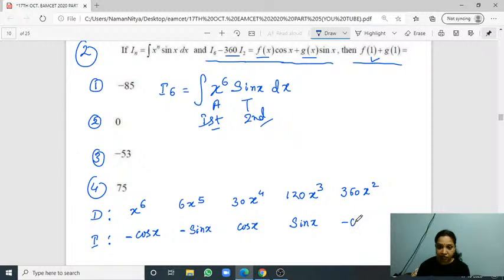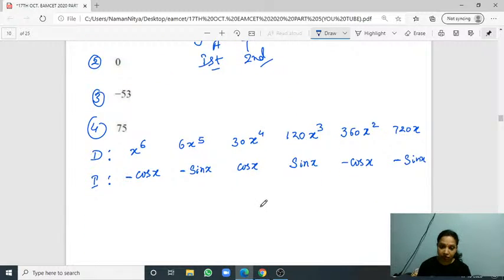Here I'll get minus cos x and two more terms will come definitely. 720x, integration of minus cos x, that will be minus sin x. One more term we are supposed to write, that I am writing down.